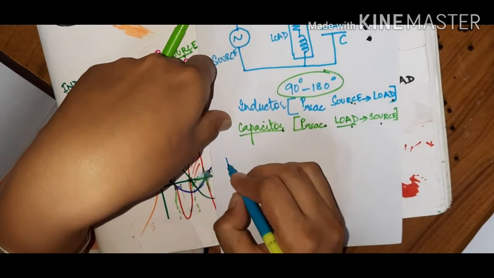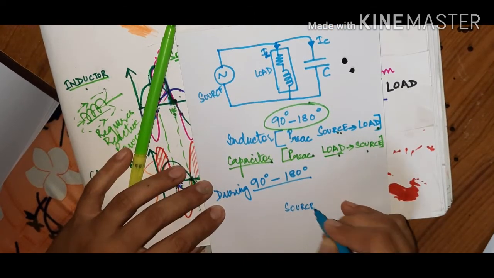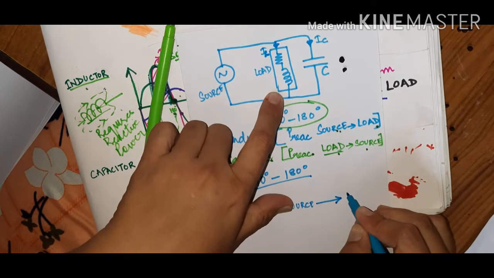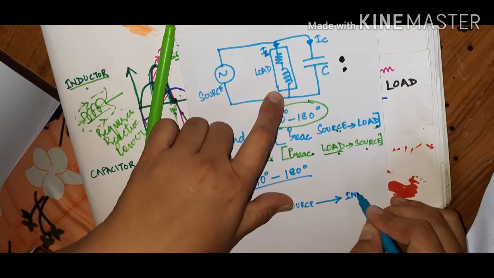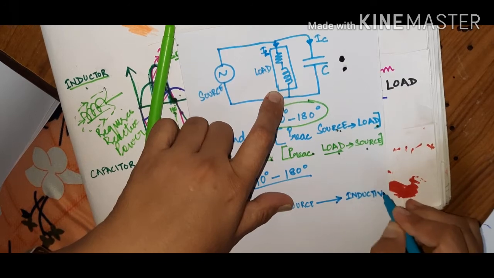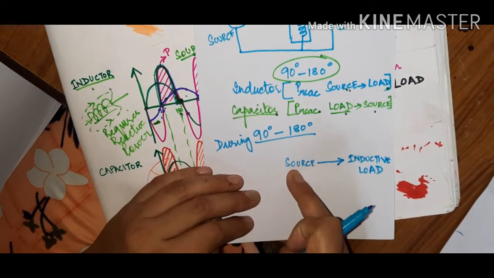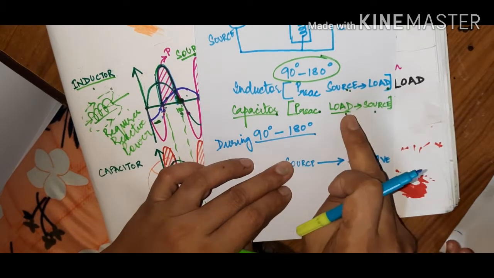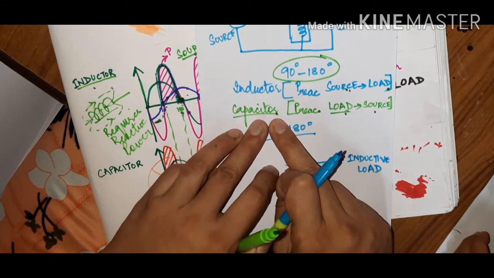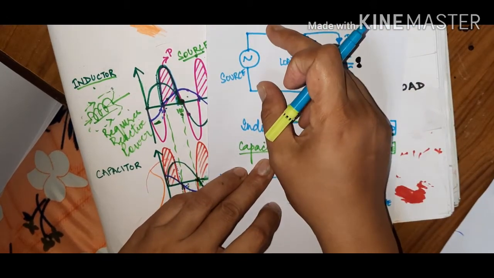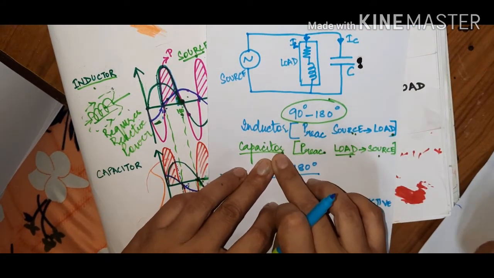From the source, reactive power is required by the inductive load. Okay, this is required by the inductive load. Understood? This time there is one capacitor which comes into play if you install it in parallel across the load, across the same voltage source. So here the capacitor comes into play.